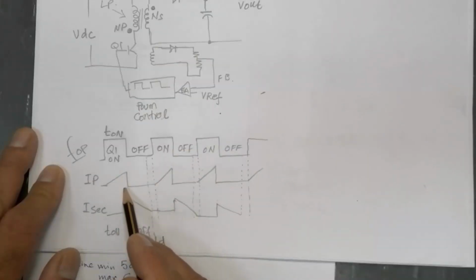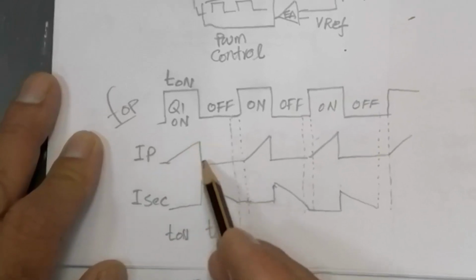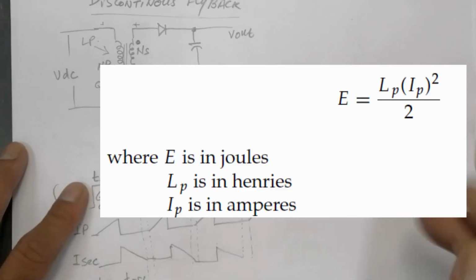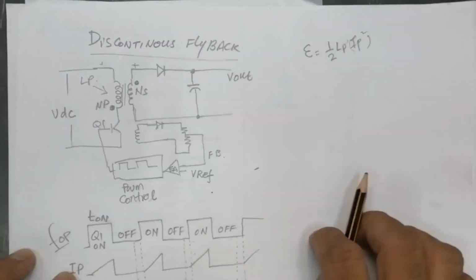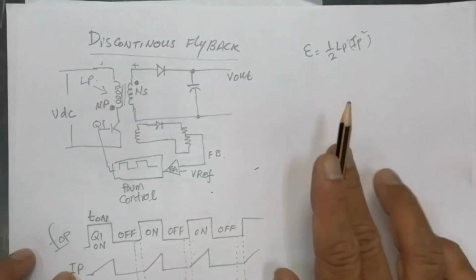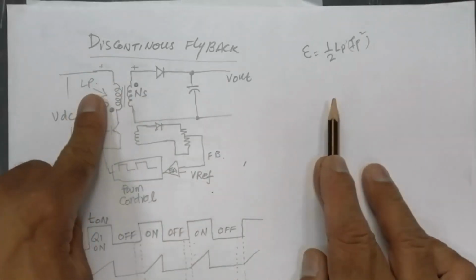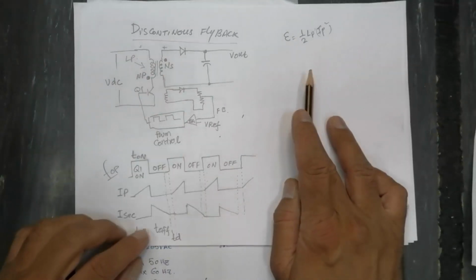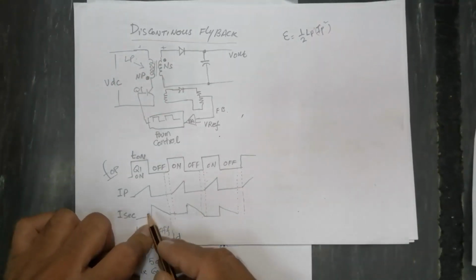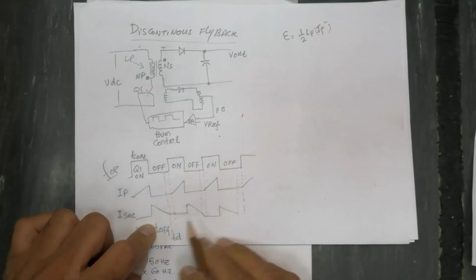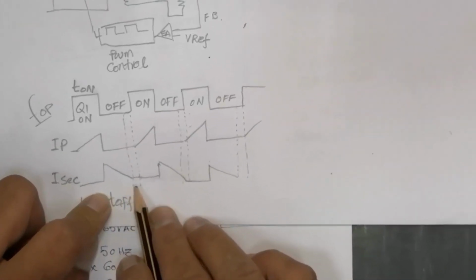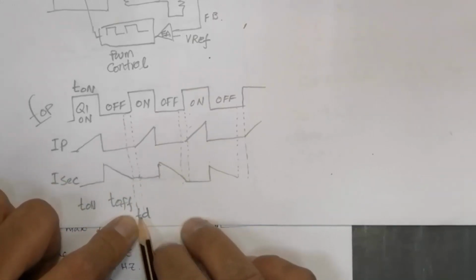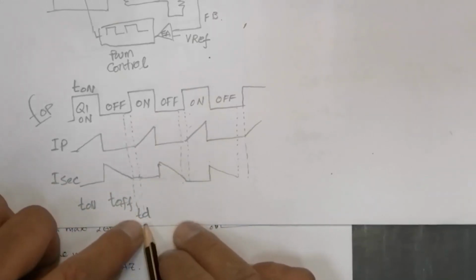When Q1 is off, the energy stored in the primary is half L primary times I primary squared. This energy stored in the primary will induce voltage in the secondary. The maximum energy is transferred during the T off period, and we allow a dead time, TD: T on, T off, TD.